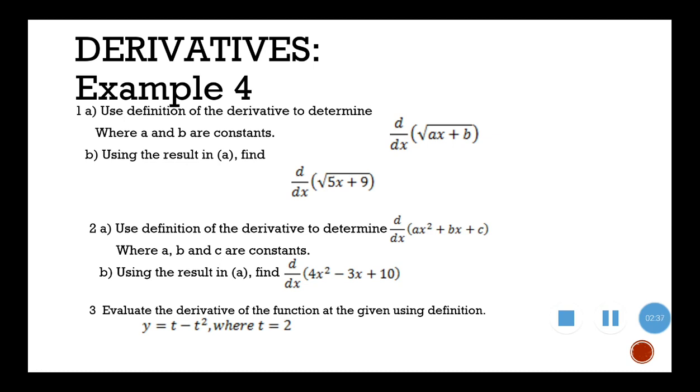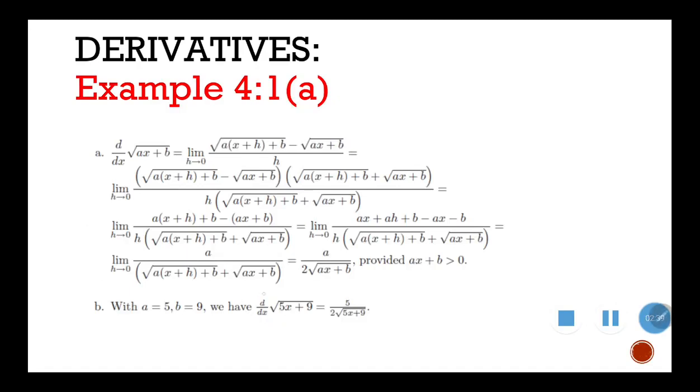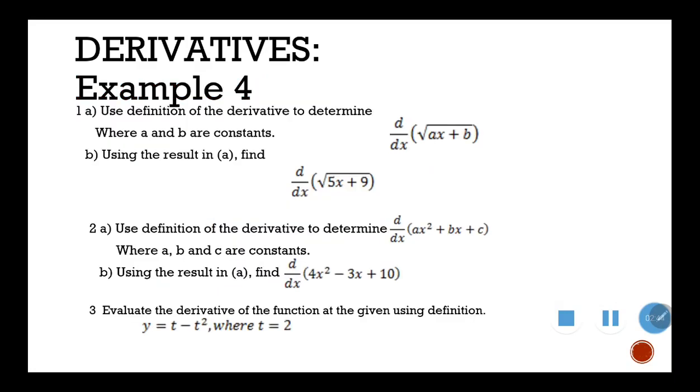So for example 1, there is a solution here, but I will try to explain it to you. So a here is 5 and b is 9.